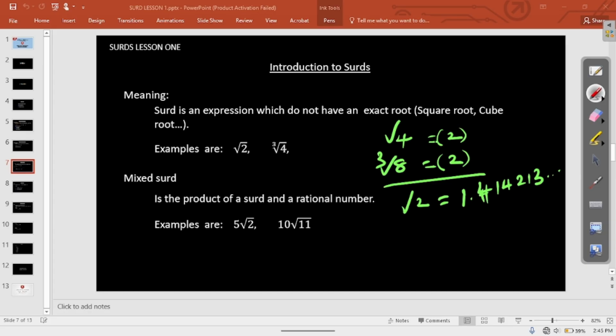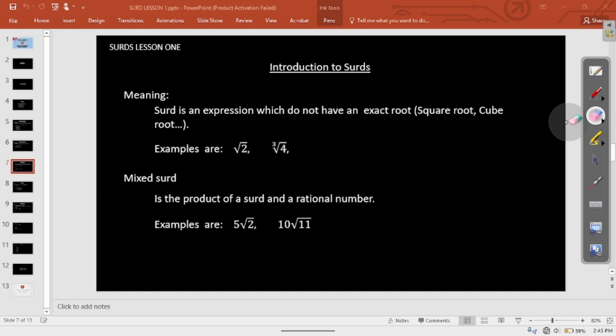So you realize that the decimal part is so big, and for that reason it is an irrational number. Such a number is best left as a root rather than expressing it in number format. When such a number is left in this form, we call it a surd.